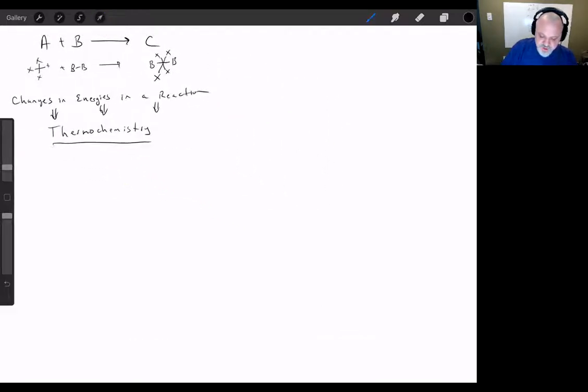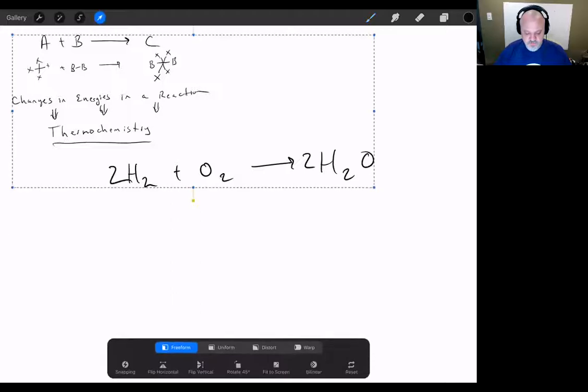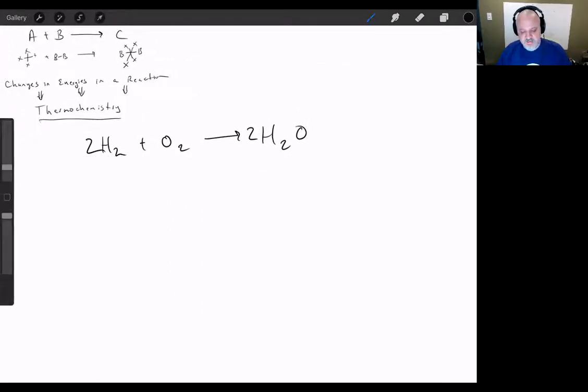Well, if I'm going to have a reaction, let's just say the reaction is H2 plus O2 goes to water, my good favorite standby reaction. You don't know this, but you'll have to take my word for it. This reaction is a type of combustion reaction.